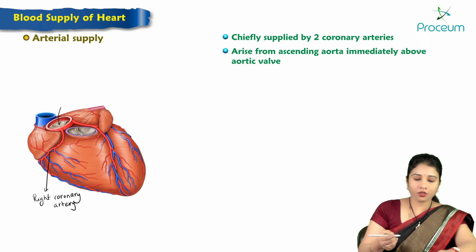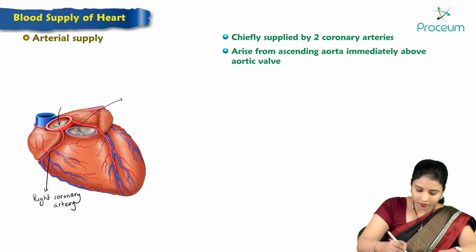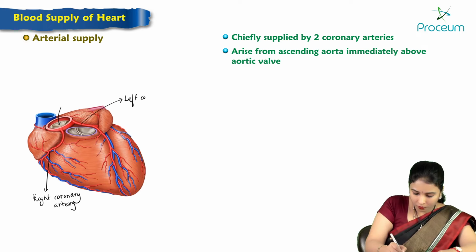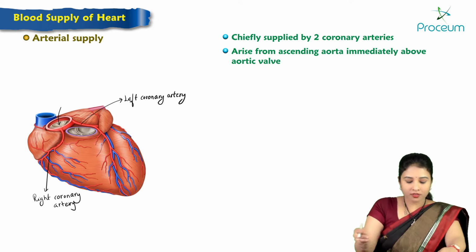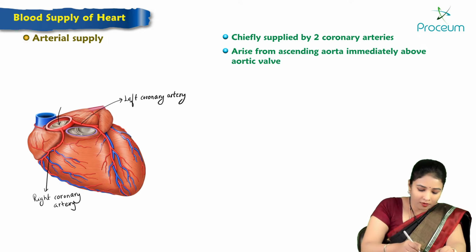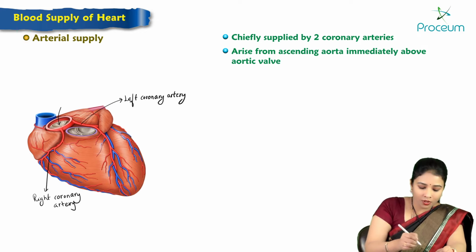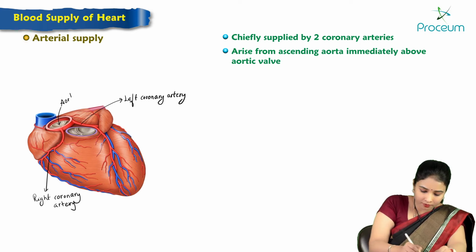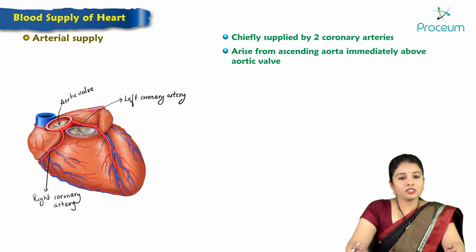This is the right coronary artery, and this is the left coronary artery. We can also see the semilunar valves guarding the aortic opening. Just above the aortic valves, these two arteries get their origin.